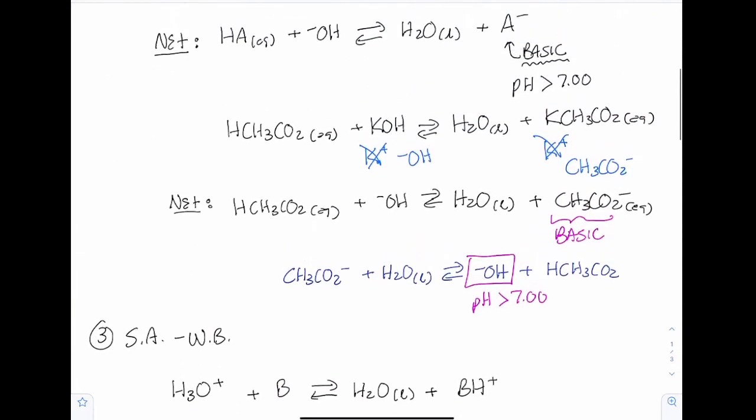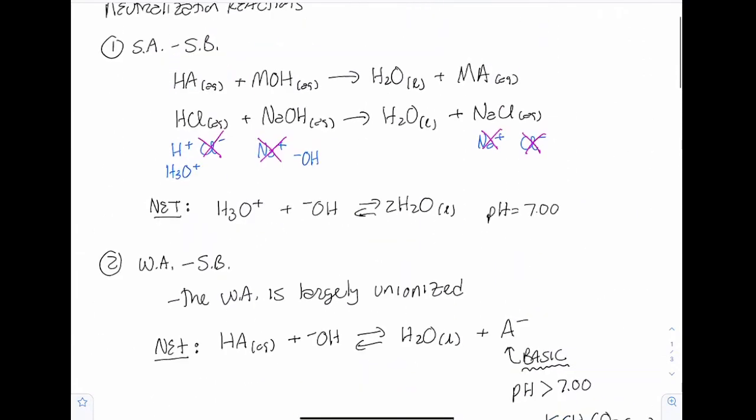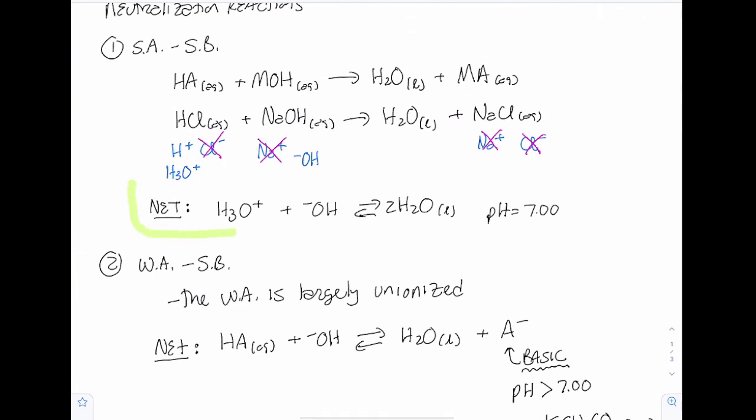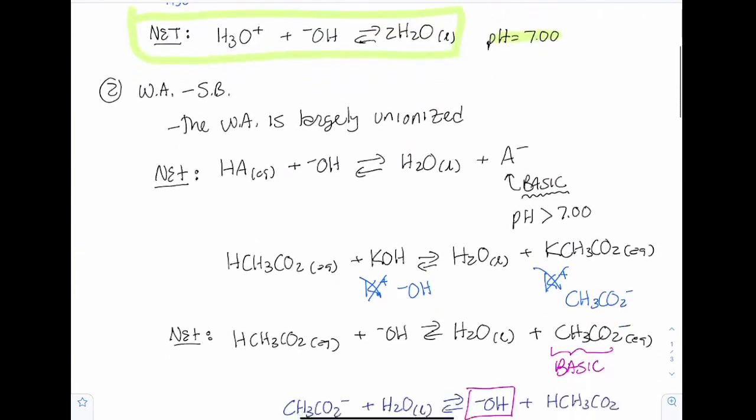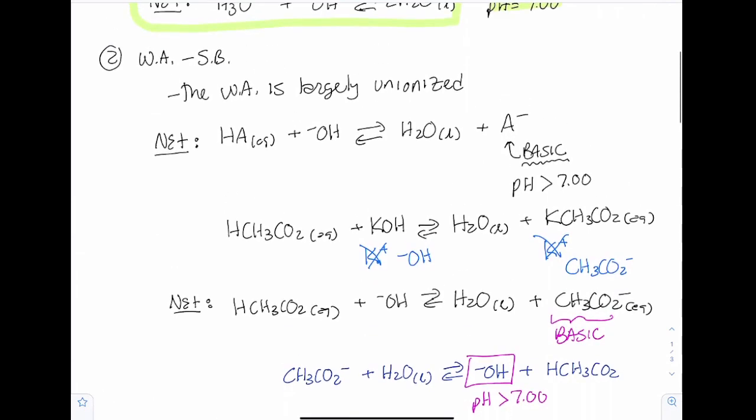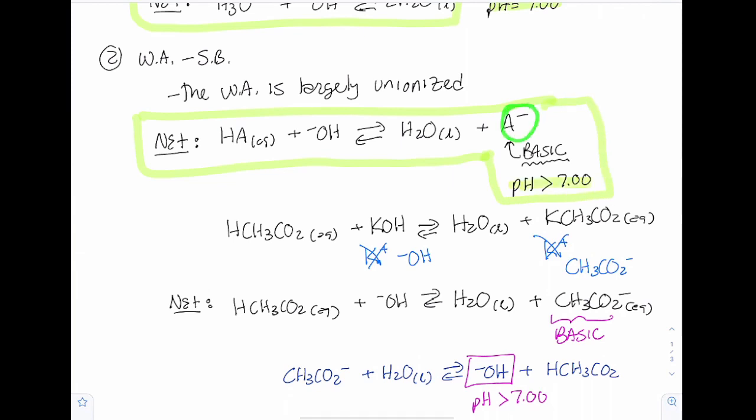So going back up, here I just have water. Let's see, we're all looking at the same thing here. For this one, I actually have an anion that is basic.